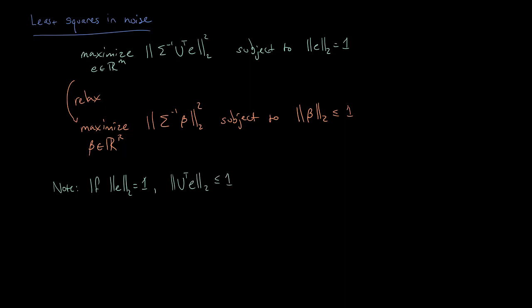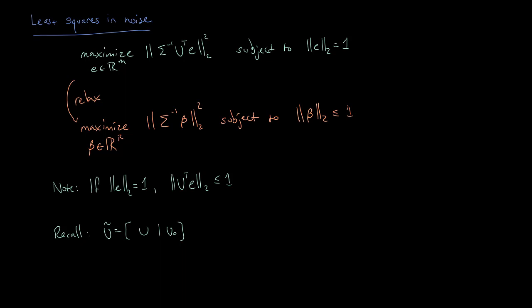To see this, recall when we were talking about the extended version of the SVD where we had U tilde, which consisted of U and U naught. And U naught was the orthonormal columns that turned U into a square matrix.